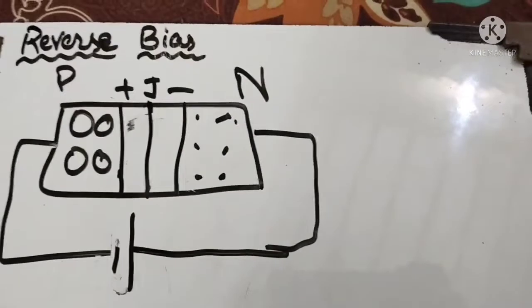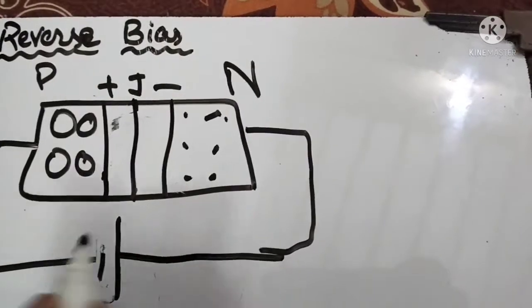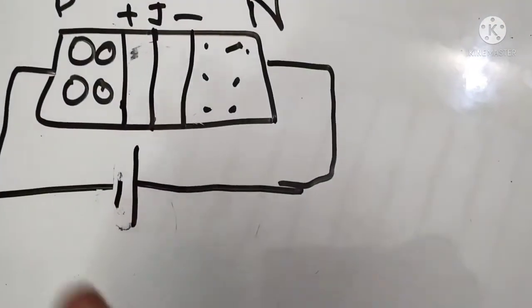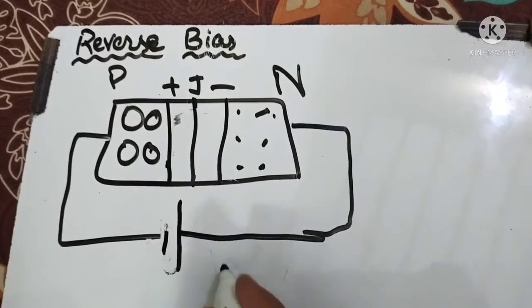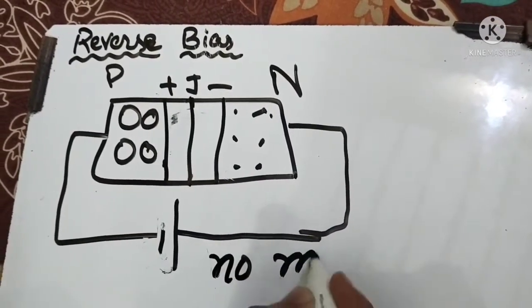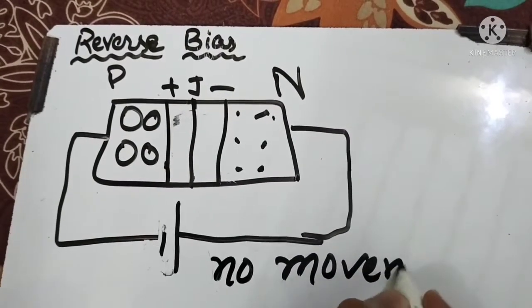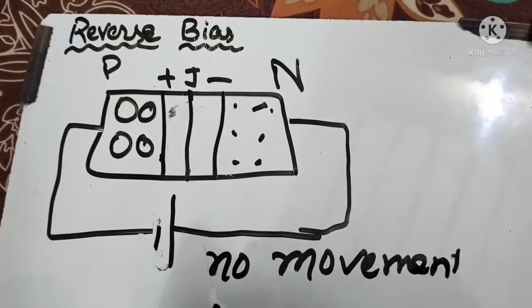So now what will happen with these opposite charges? You may know that if there is a reverse bias, there will be no movement of charges. So that's a wrong theory.